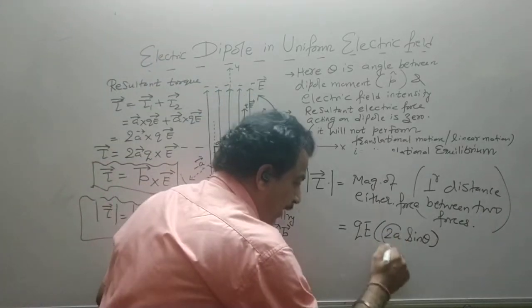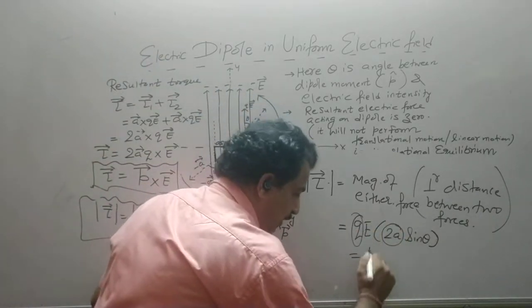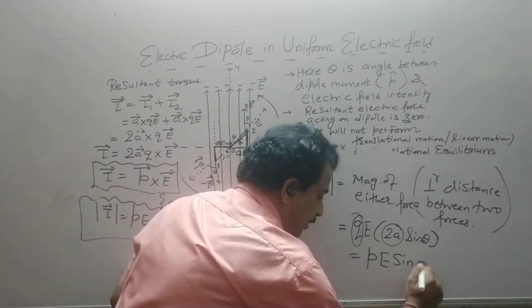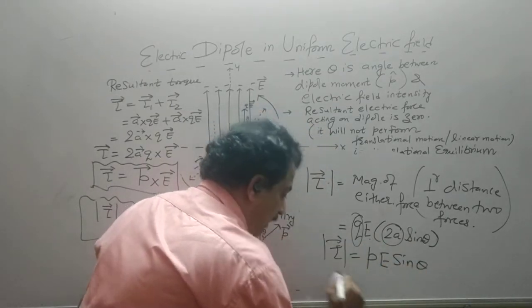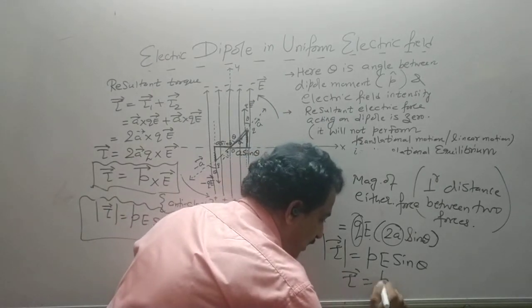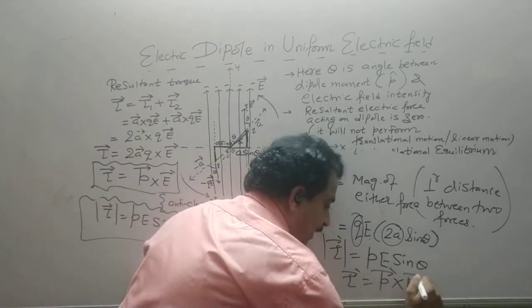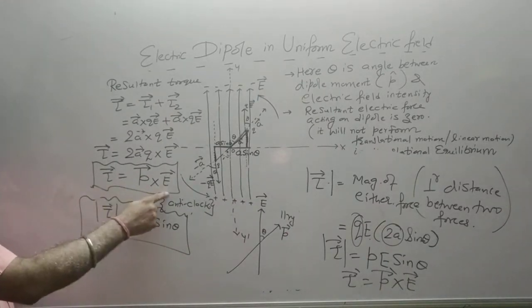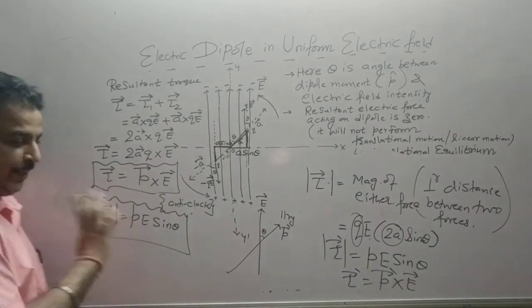Now this 2A multiplied by Q is called P. So the remaining portion is PE sin theta. So this is the magnitude, and then tau can be written as P cross E. Here, first we found P cross E and then wrote the magnitude.